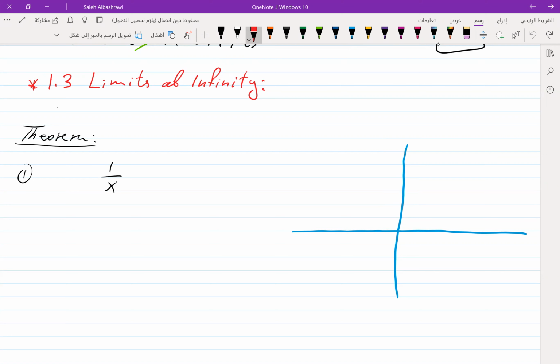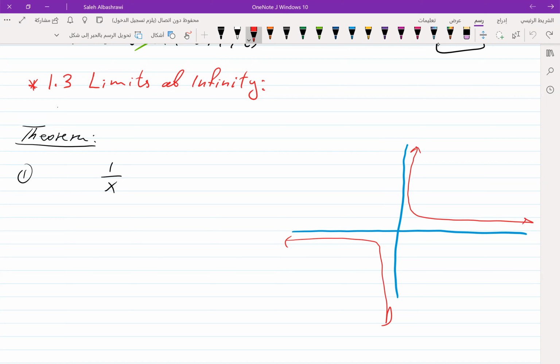For the positive and negative, it is undefined when x equals 0. So we have something called the vertical asymptote at x equals 0.